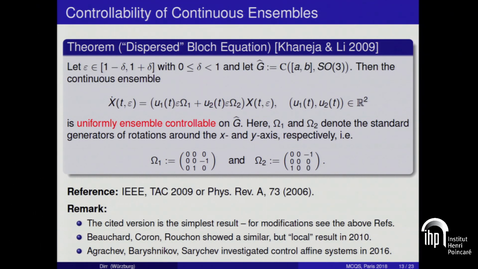And there's a pretty new paper by Agrachev and his co-authors. He investigated general control-affine systems, so these systems are much more general than the bilinear ones, but they restrict to controlling constant functions to constant functions.